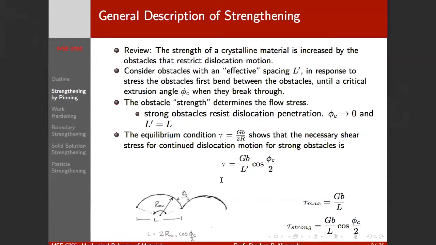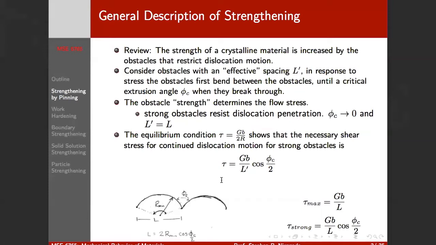If we have strong obstacles that we can't easily cut, our critical theta angle goes to 0, and we go around the defects, and our effective defect spacing is actually the distance between the particles. If we imagine what happens, our dislocation line is going to come up and hit these particles and stop.